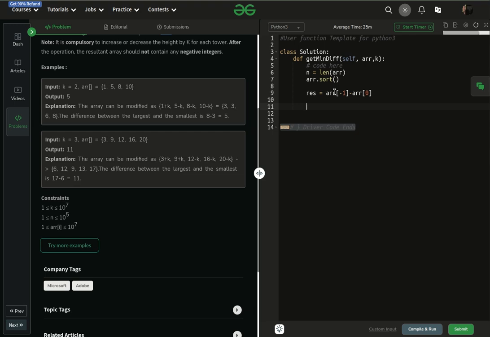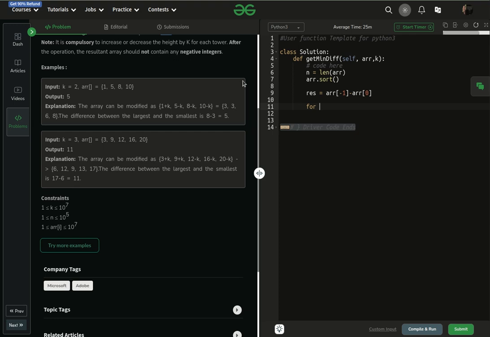We have a condition also: every time array of I should be greater than or equal to k. It should not be less than k, because in the question they mentioned the resultant array should not contain any negative integers.